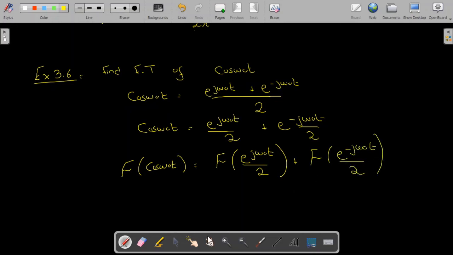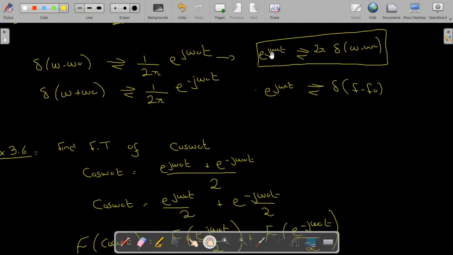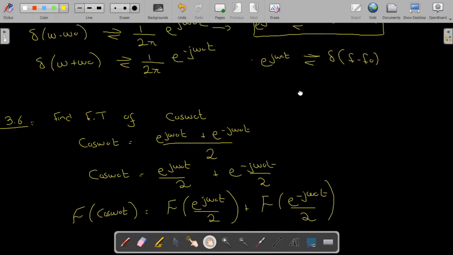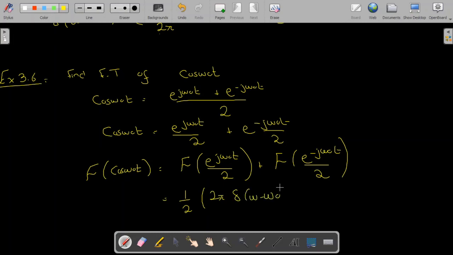Now we know the Fourier transform of e power j omega naught t is 2 pi into delta omega minus omega naught. So this will be equal to 1 by 2 times 2 pi delta omega minus omega naught, bracket close, plus 1 by 2 into 2 pi delta omega plus omega naught.